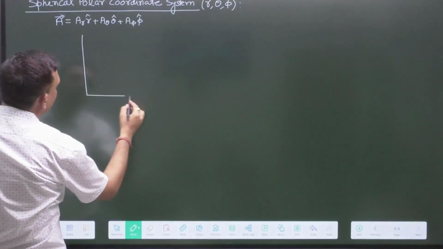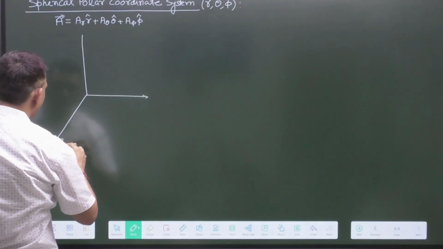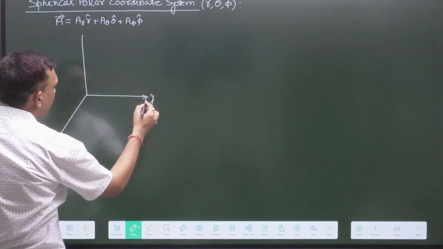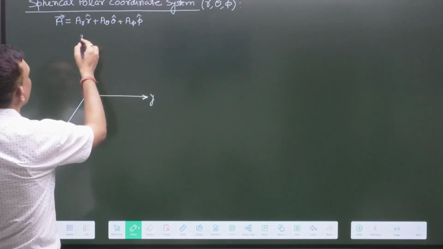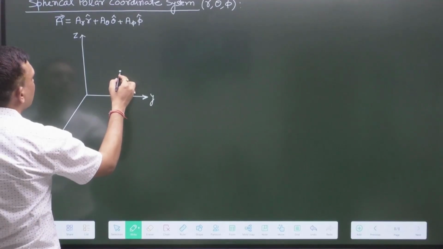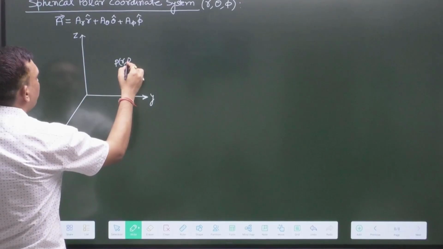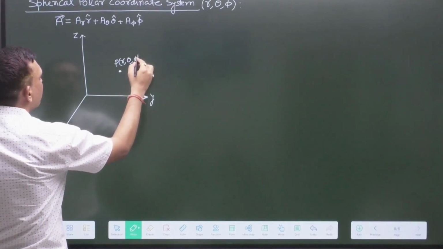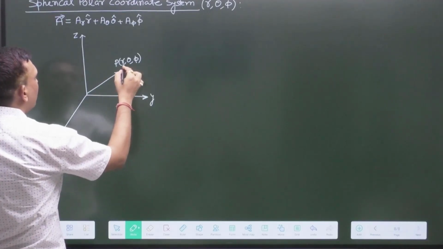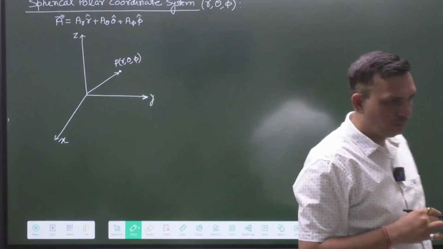So we have three mutually perpendicular axes x, y, z, and P is any general point, and this point P lies on the surface of a sphere.